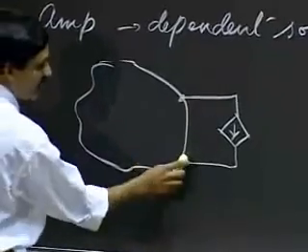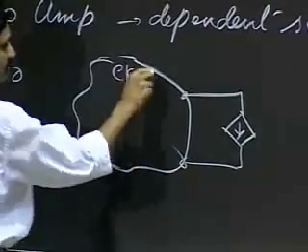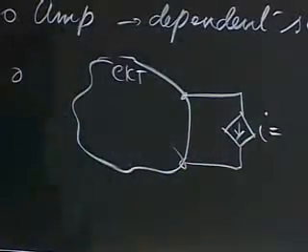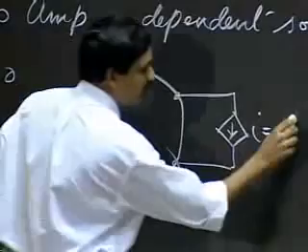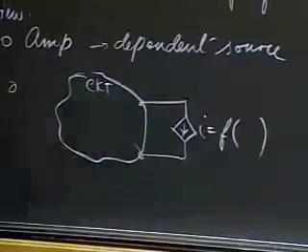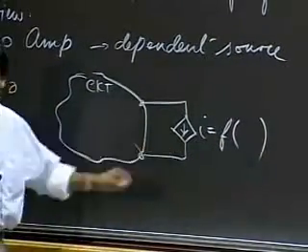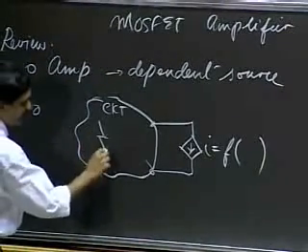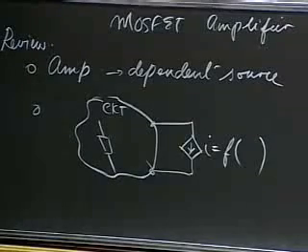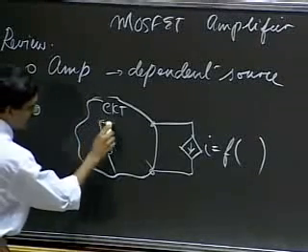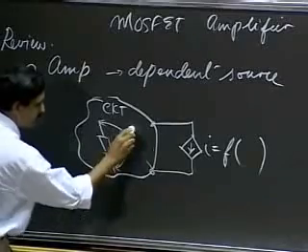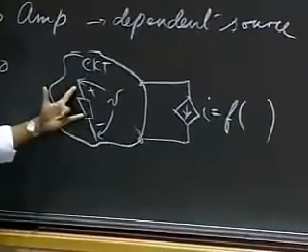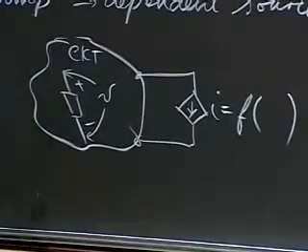So this is some circuit. And the current I is a function of some parameter in the circuit. Okay, that's why this is a dependent source. This is a dependent current source. So it could be that I have some element inside, and I sample the voltage across the element or between any 2 points in the circuit.